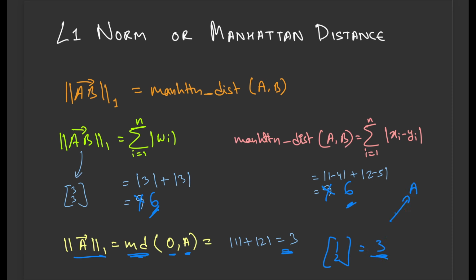Let me plot this vector A. It starts at 0 and it's at 1, 2, right? This is our point. So this is 1 unit distance in X component direction, right? And in Y component direction, we are having 2 unit distance. So this is like M1, this is M2, this is 1, this is 2, right? So 1 plus 2 is 3.